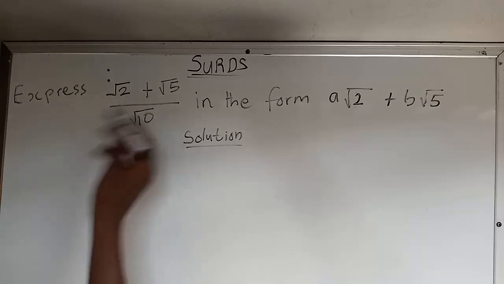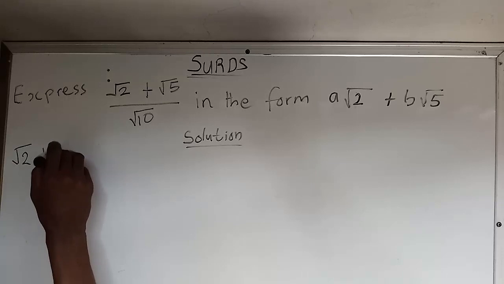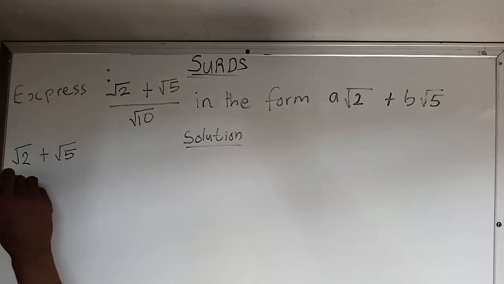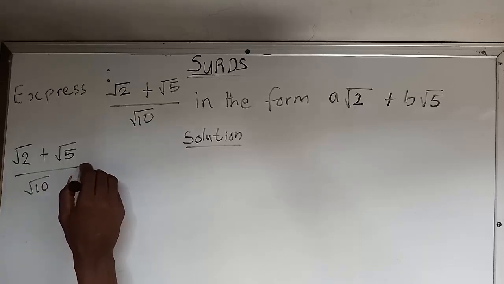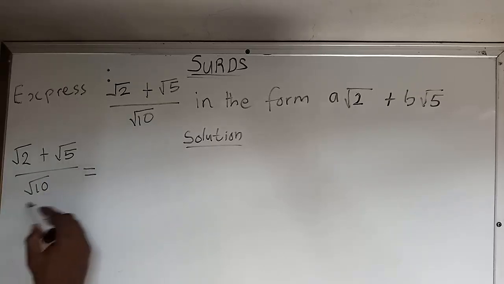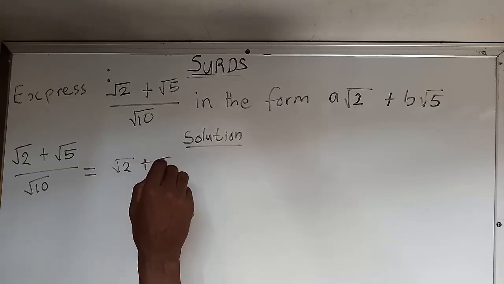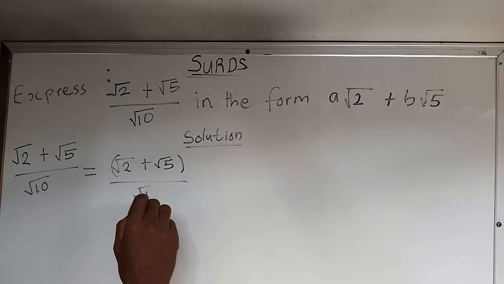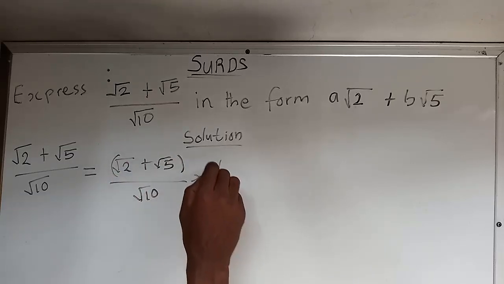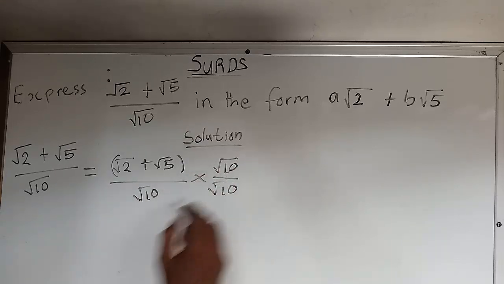We rationalize the surd. So we have root 2 plus root 5 over root 10. To rationalize this means we are multiplying both the numerator, which is root 2 plus root 5, and the denominator, which is root 10, by root 10 over root 10.